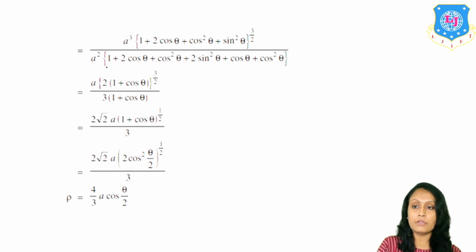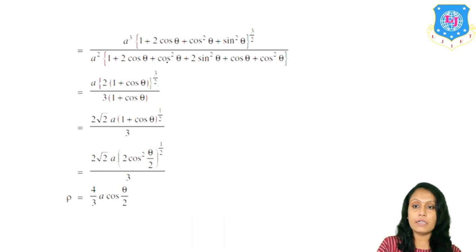Take out common, so here we get a square, and in the denominator (1 plus 2 cos theta plus cos square theta), and here 2 sin square theta plus cos theta plus cos square theta. Now we will simplify further. Cos square theta plus sin square theta is 1, right? So we have 1 plus 1, that is 2, so 2 we have taken out common, and here we have (1 plus cos theta) whole raised to 3 by 2.